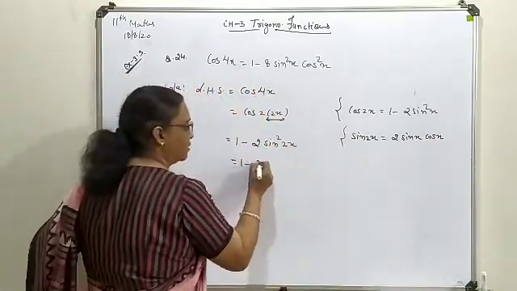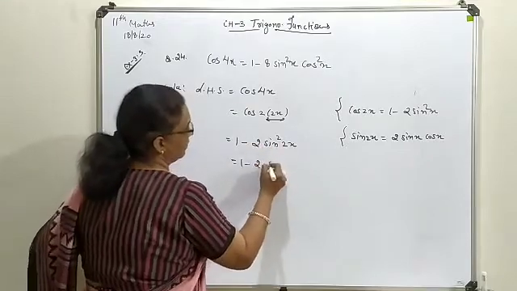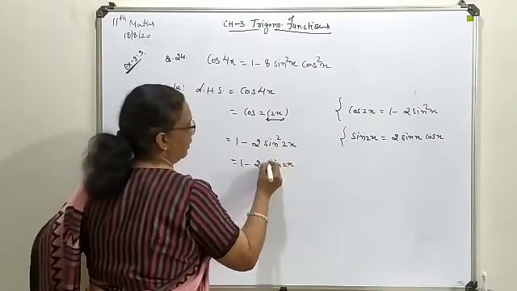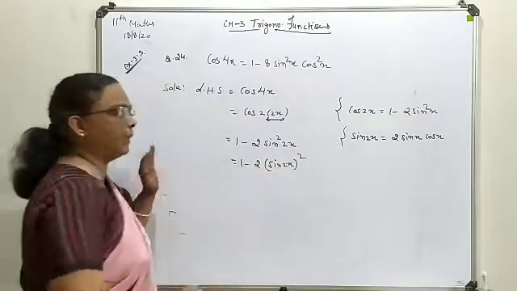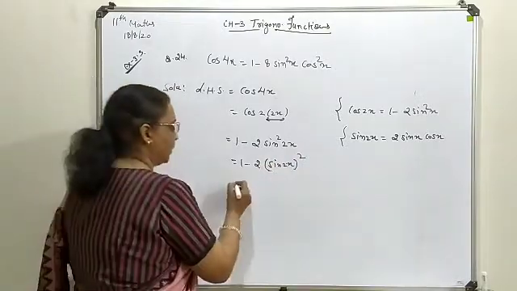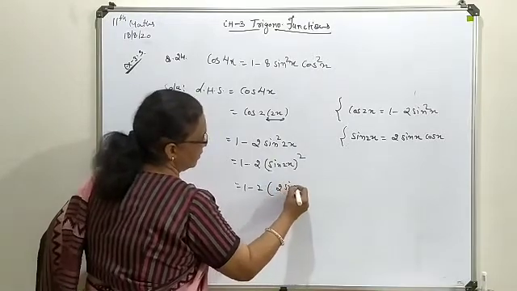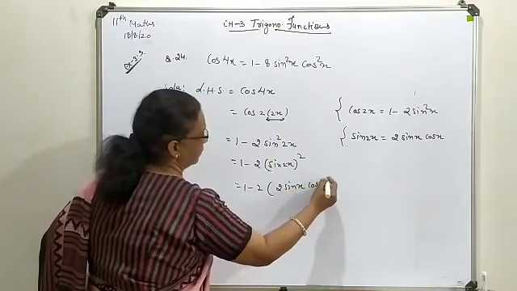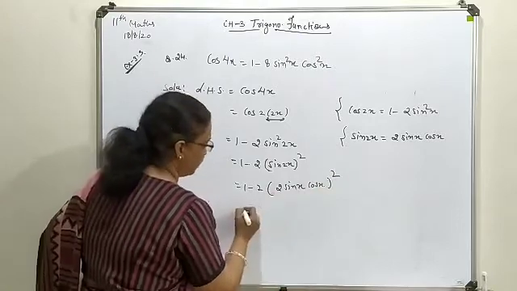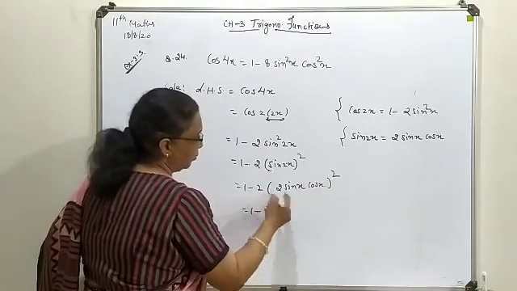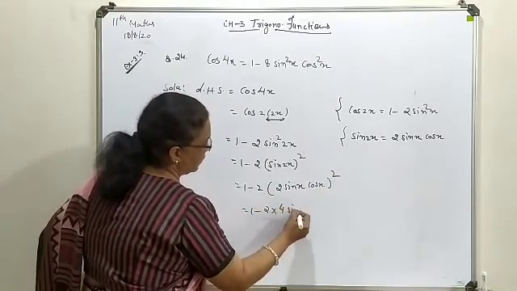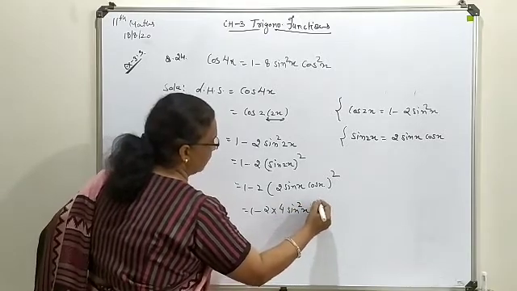So it is 1 minus 2. It can be written as, for better understanding, this way you can express this, or directly it can also be substituted. That is 1 minus 2 into 2 sin x cos x whole square. Make it square. 1 minus 2, 2 square is 4, sin square x cos square x.